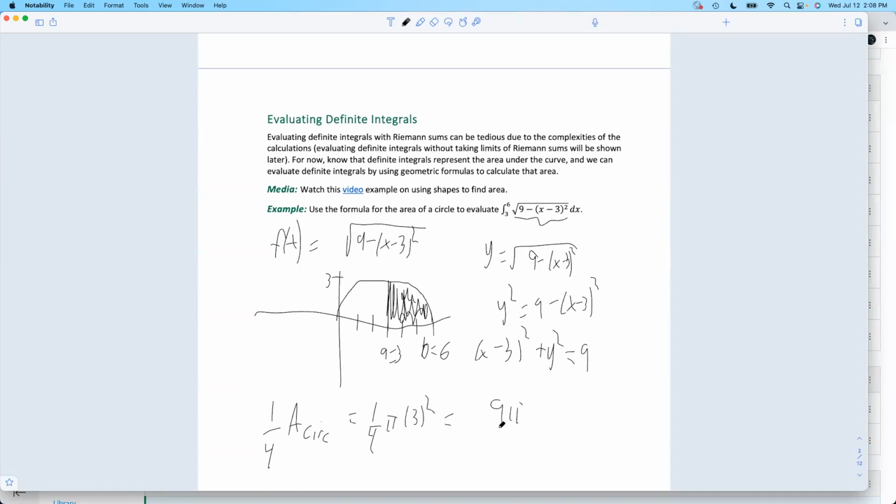So that's 9 pi over 4 square units. So if these x values were measured in meters, this would be square meters because we're talking about area here. So geometry. Let's stop that one.